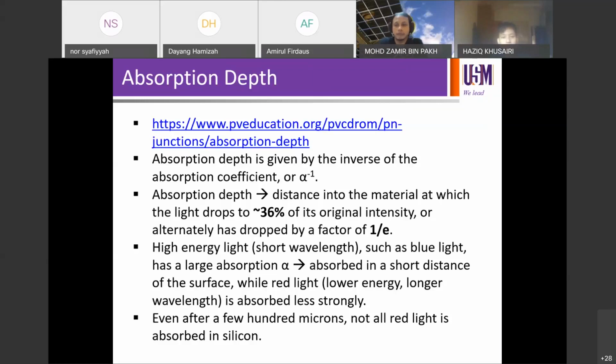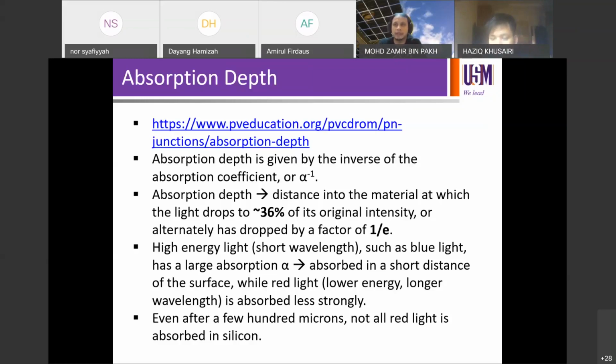Okay, so if you press 1 over e on your calculator, you're going to get about 36%. So when the intensity of the incident light drops to about 36%, that shows the absorption depth, the distance into the material at which the light drops to 36% of intensity.